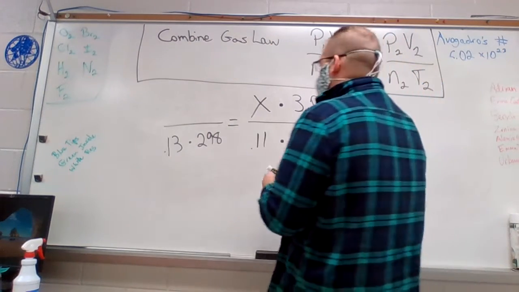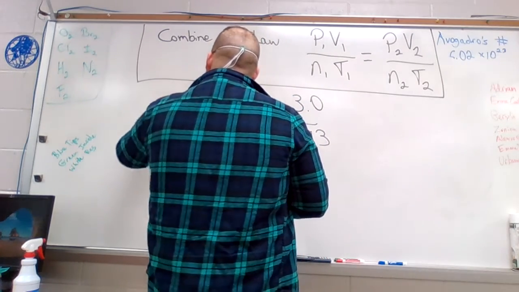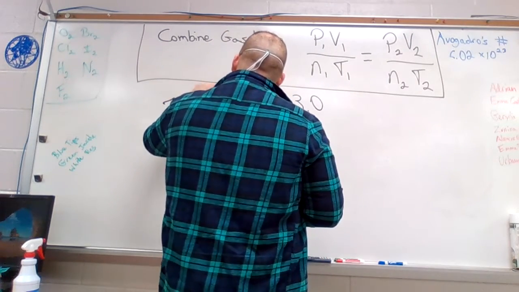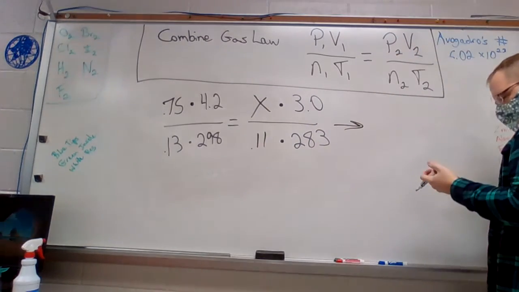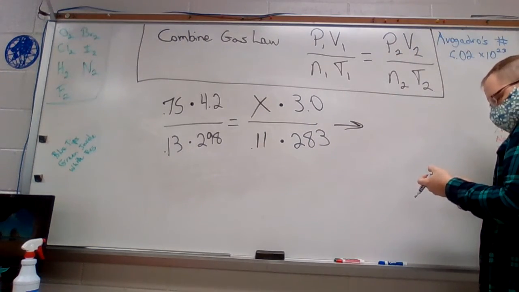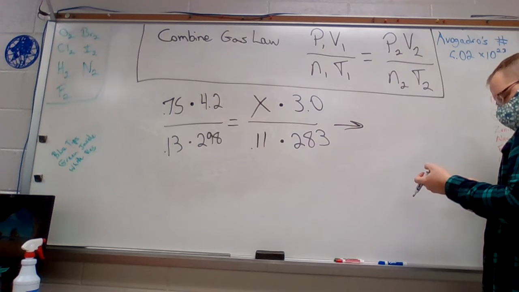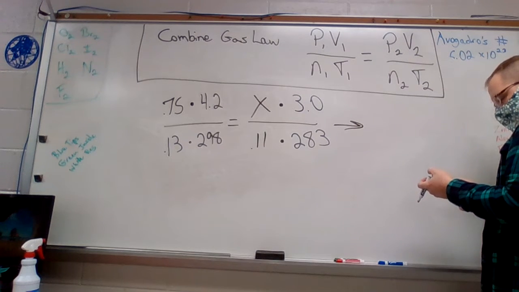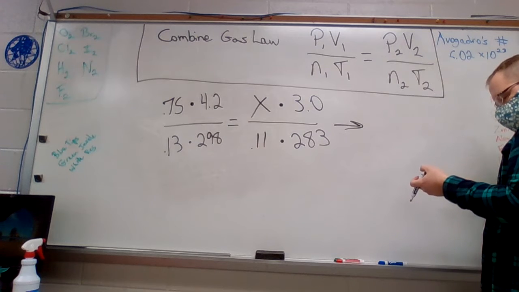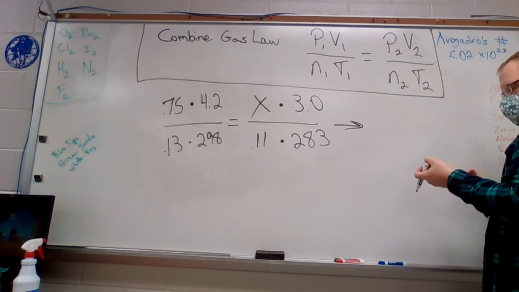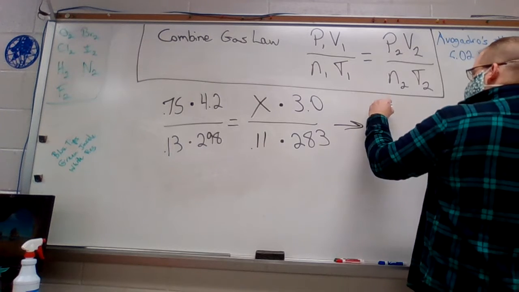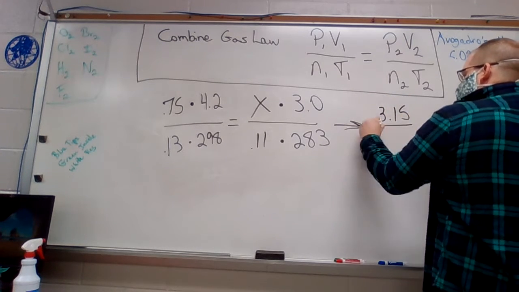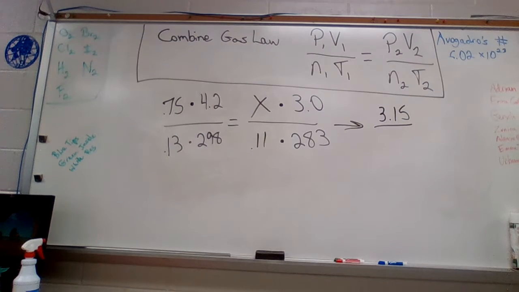Well, let me just do another one over here. 0.75 times 4.2 is 3.15 over 0.13 times 298.